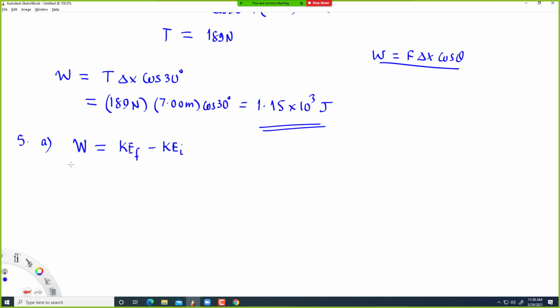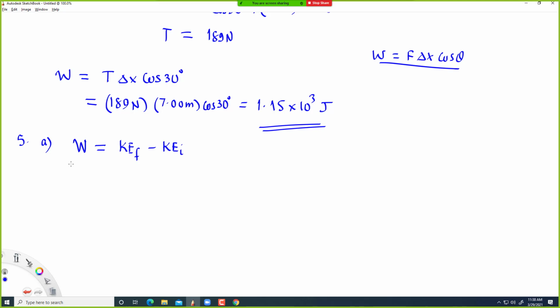Now, what force does the work in this case? What causes the speed to change? In this case, the speed decreases. The brakes, or the force applied by the brakes, is friction, right?